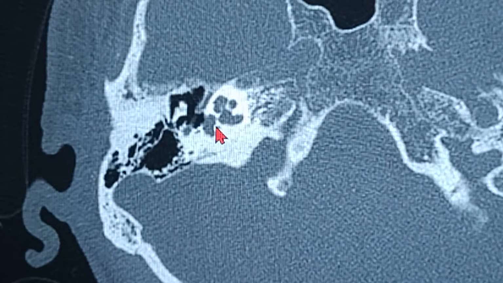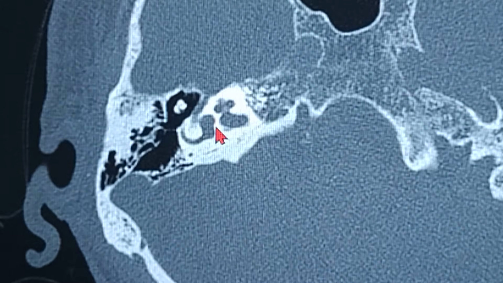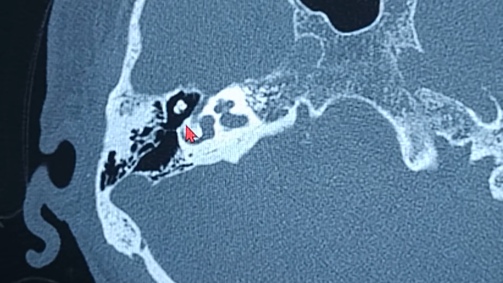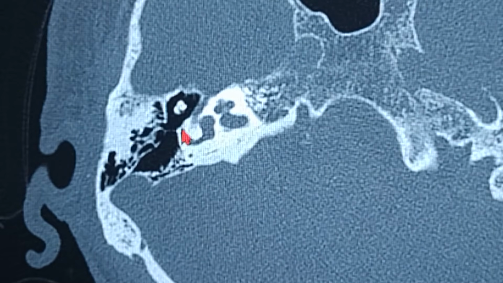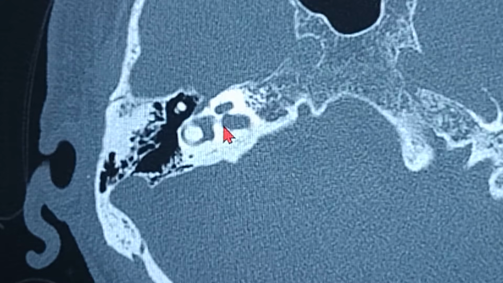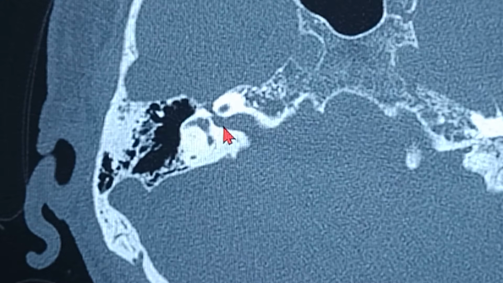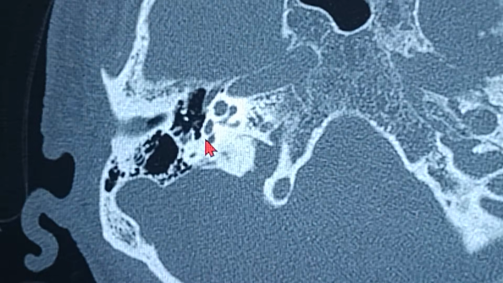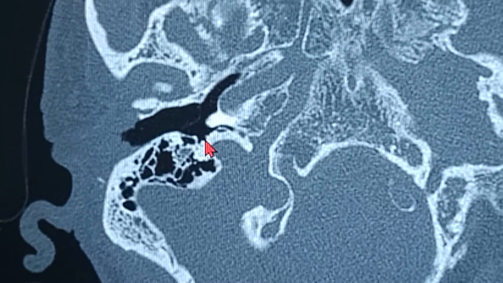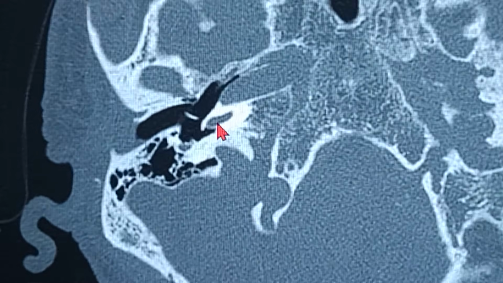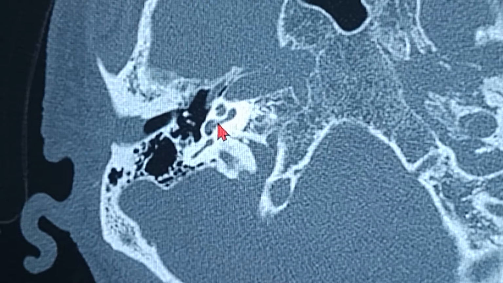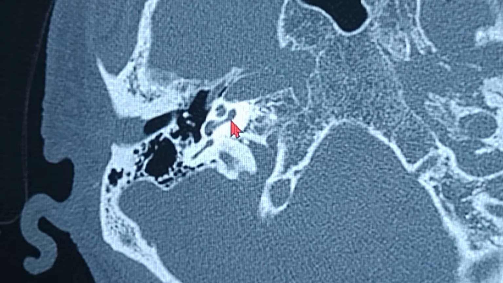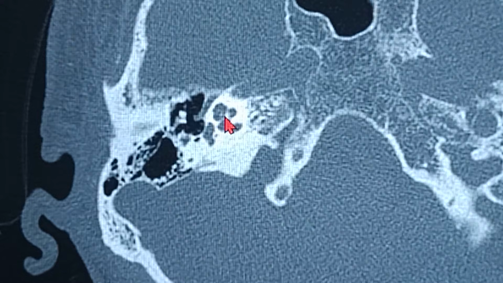So we saw the lateral semicircular canal as well. That's the facial nerve going under the lateral semicircular canal. Also, I need to show you the superior semicircular canal, as you can see. So from the very bottom, we could see the basal turn of the cochlea, then dividing into the vestibule over here, and those are the cochlear turns over there.